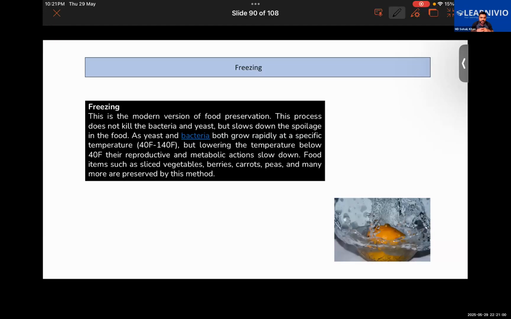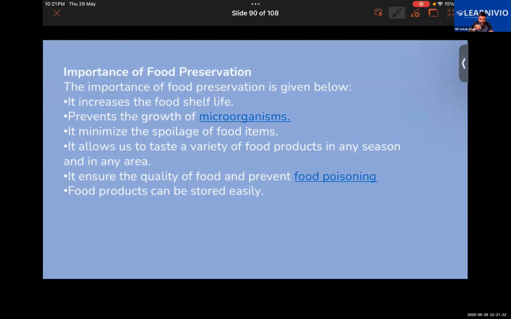It slows down, right? In this manner, food can be preserved for a good period of time. But that does not mean that you can put a food item in the refrigerator and it is going to remain fresh for 6 months or about a year, because freezing only slows down the growth of microorganisms. It does not kill them entirely.